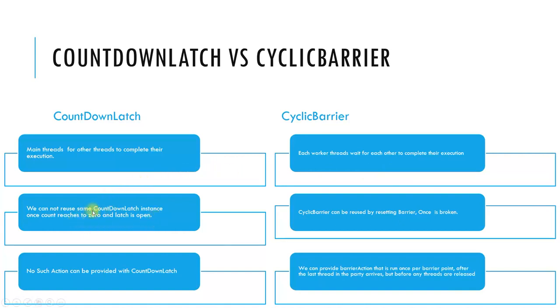We cannot reuse a CountDownLatch once its instance reaches zero, but a CyclicBarrier can be reused by resetting the barrier once it is broken. No barrier action can be provided for CountDownLatch, while for CyclicBarrier we can provide a barrier action that is run once per barrier point, after the last thread in the party arrives but before any threads are released.